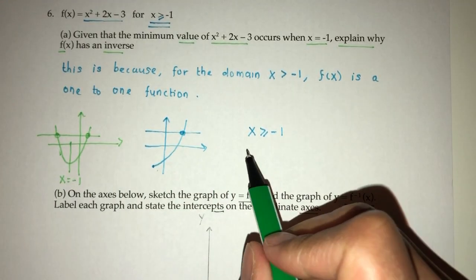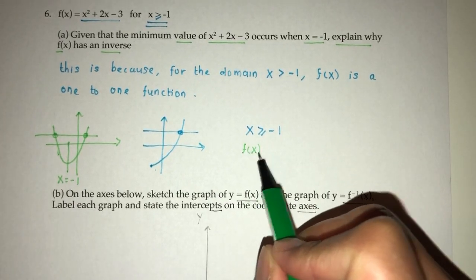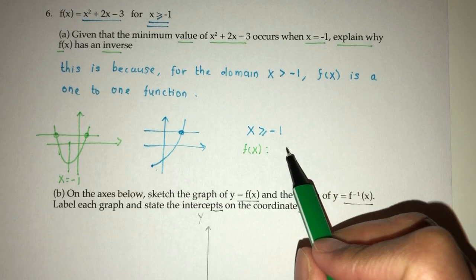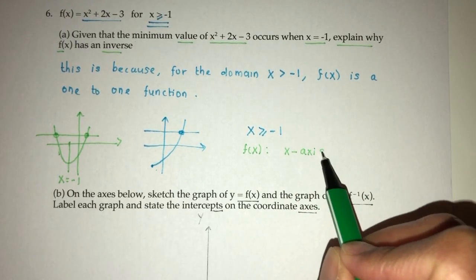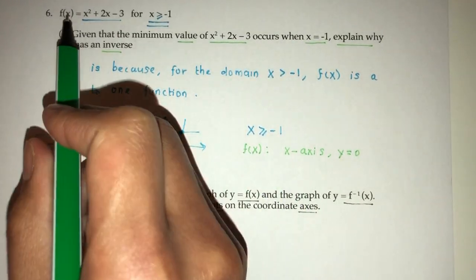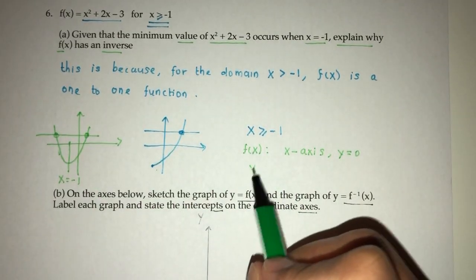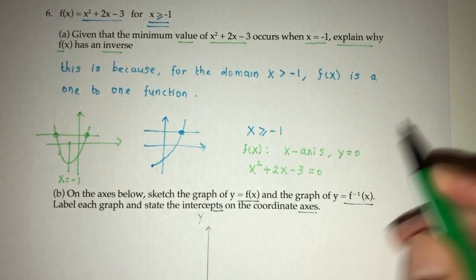For the function f of x, let's find a few values. On the x-axis, we know y is 0. So let's put 0 here. You will have x squared plus 2x minus 3 is 0.